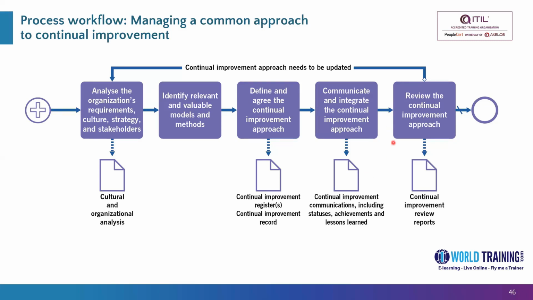Then lastly, we have the review of the continual improvement approach, and that will result in the review report of the practice. And if this review yields that the improvement approach needs to be updated, it will go back to the first step to once again look at the whole thing and make improvements to the current practice approach.